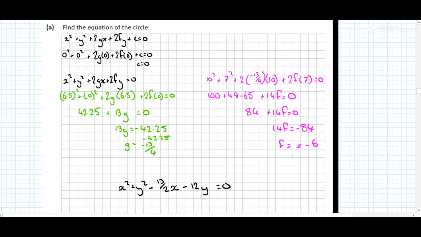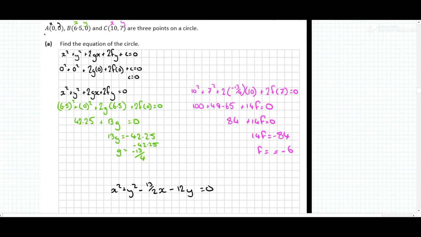Okay, so really nice question. It should be noted that these are actually quite nice points. If you don't have a point that is 0, 0, and this 0 here really helps us out, what you could end up with is 3 simultaneous equations, because you'll have an unknown g, an unknown f, and an unknown c.